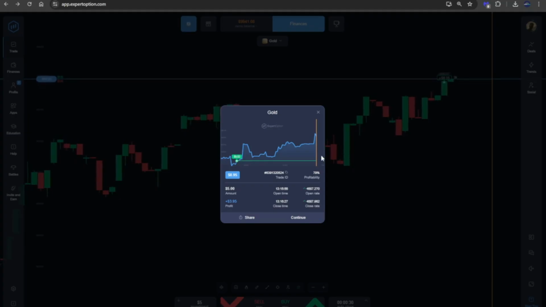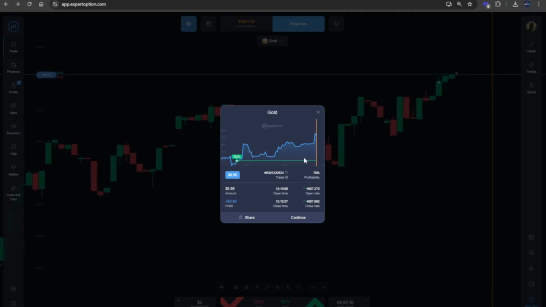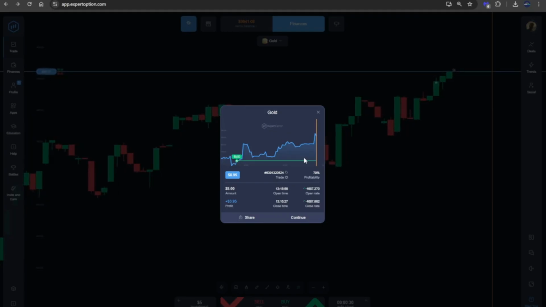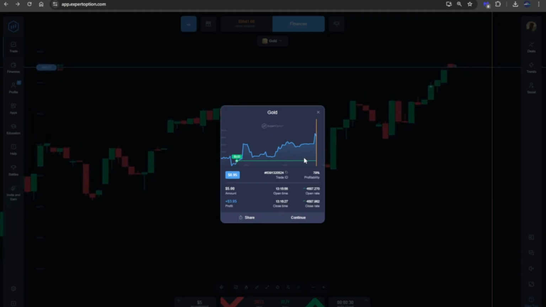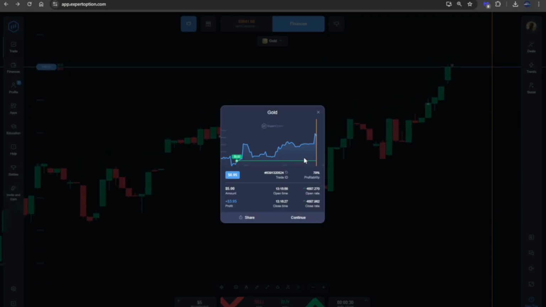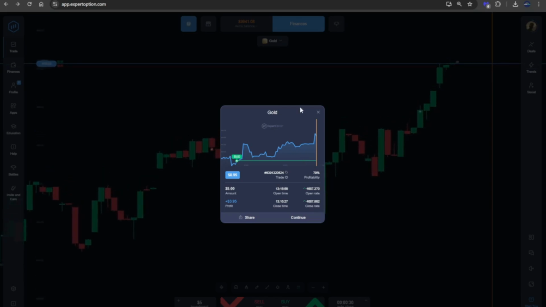All right, I think that might be the strat here. So we used the amount $5. We got a $3 profit. It closed out at 30 seconds. Profitability is 79%.